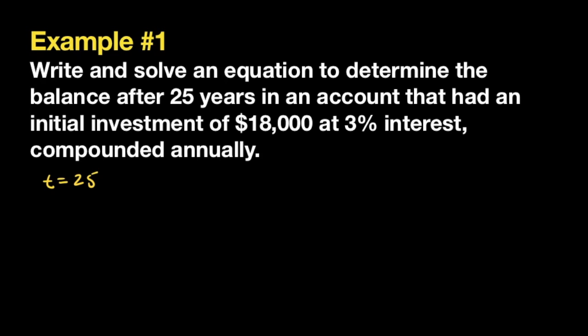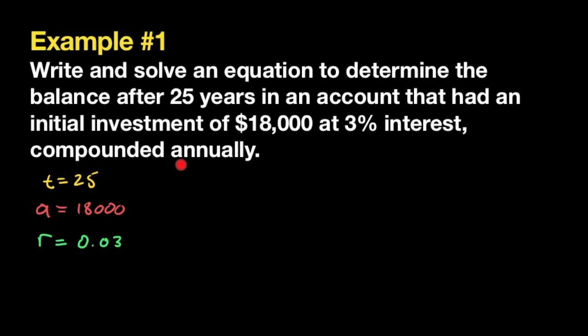Your initial amount, because it tells you your initial investment, is going to be 18,000, and this is going to be a 3% increase. 3% is 0.03. So that's going to be 3% interest.